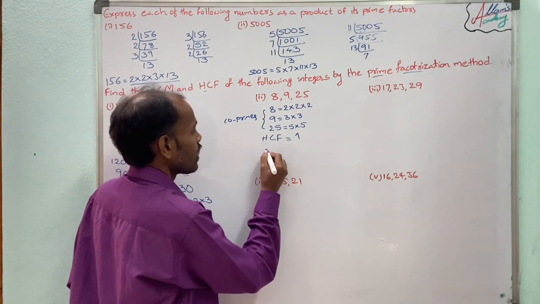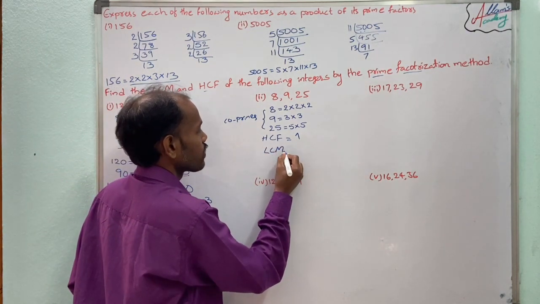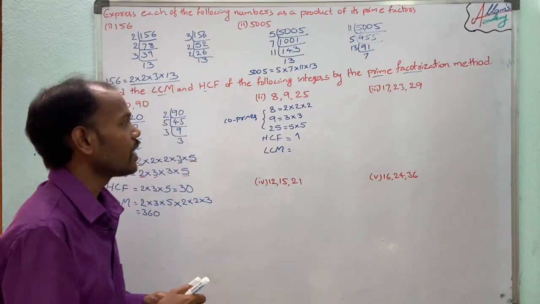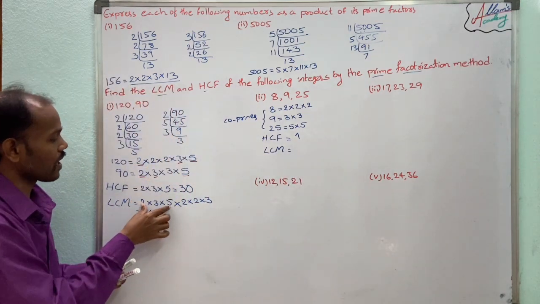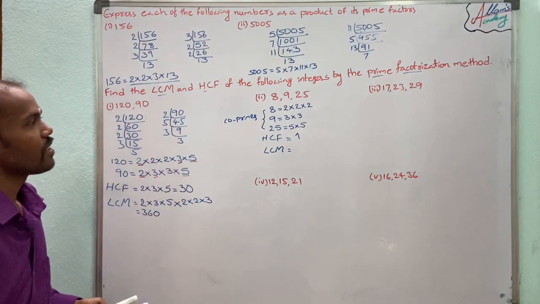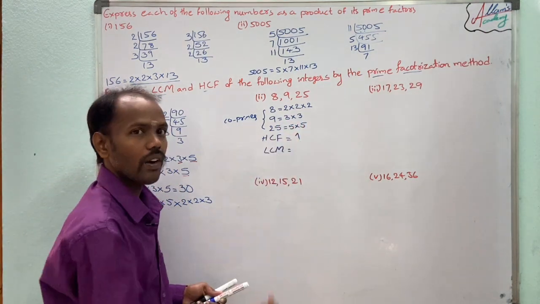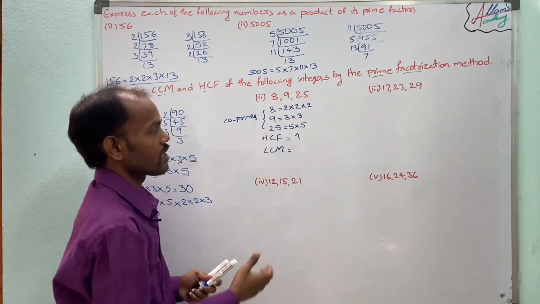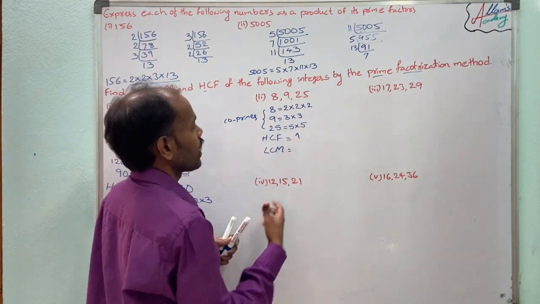Now, LCM of the given numbers means the HCF of the numbers written along with the remaining factors. Here HCF is 1 only, which means no number is a common pair, so we write all the factors.